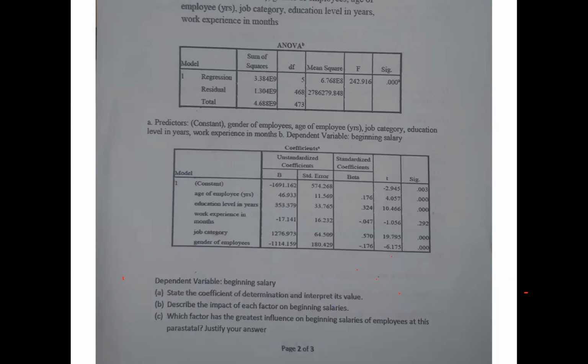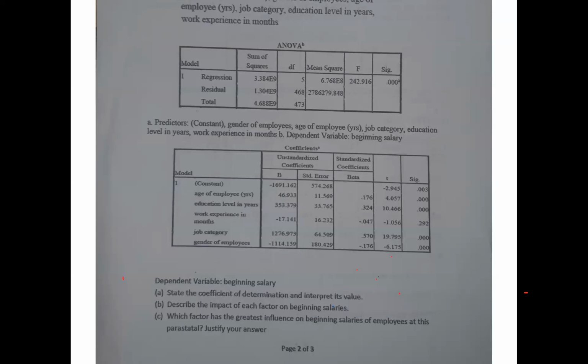To a 46% change in what? In the beginning salary, which is your Y. So that is to say, 1% change in employee years, which means an additional year in age of an employee, leads to 46% change in the what? In the beginning salary. Did you get that?